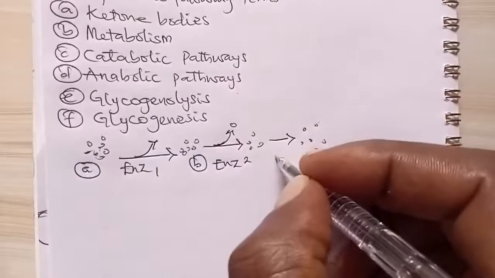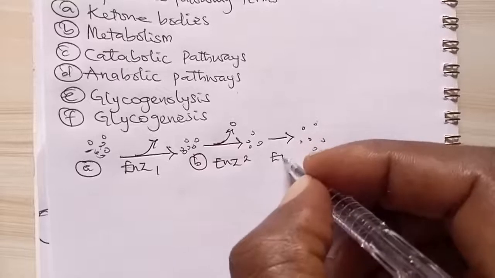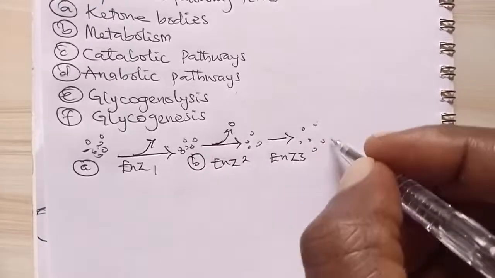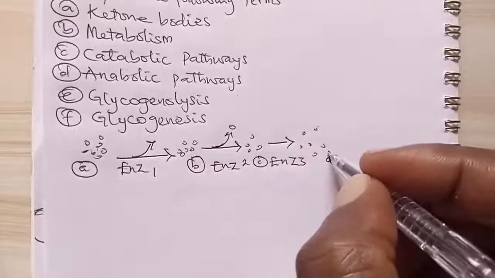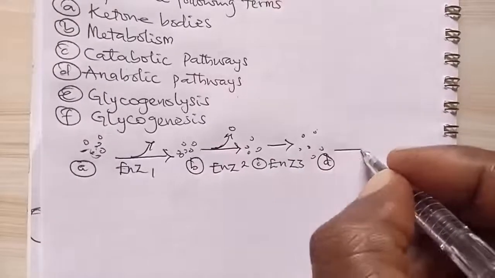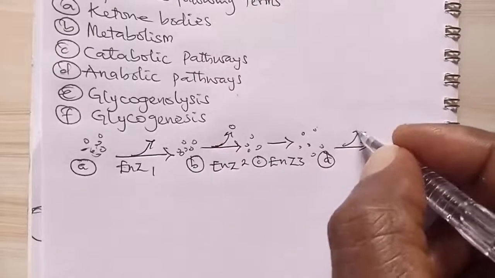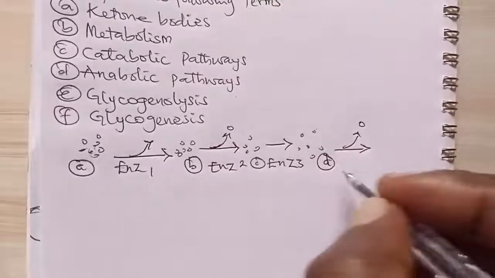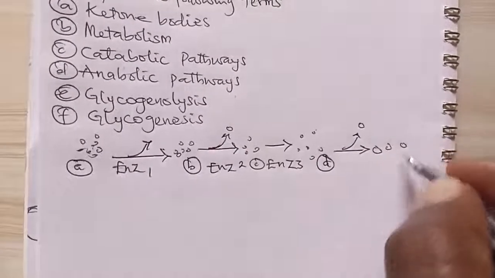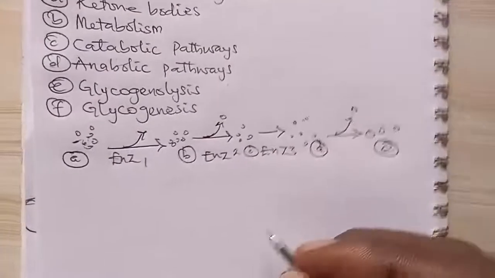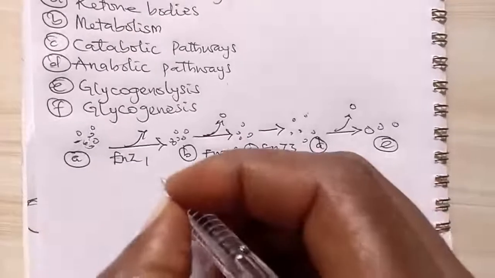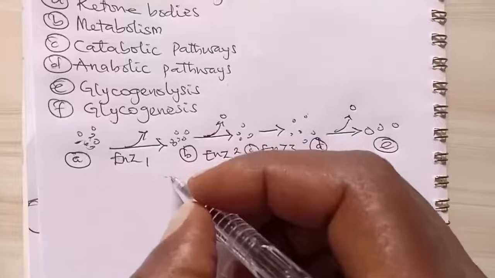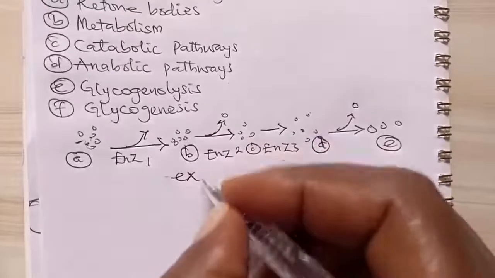We call it enzyme 3. Then is C, D, move, releases energy. So we call this E. So the other one is the word exergonic. Exergonic, energy releasing.